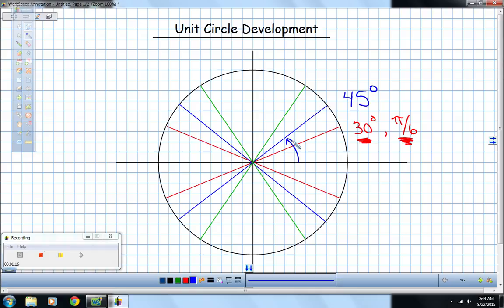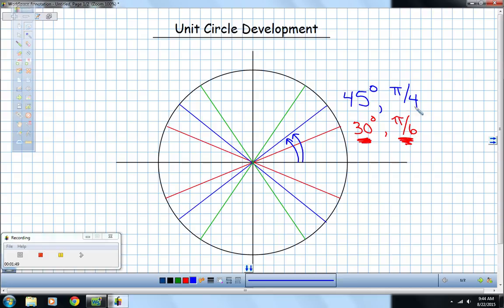Remember that the positive x-axis we refer to as the initial side of the angle, and as it goes up, the terminal side is 45 degrees. Positive measure angles go counterclockwise, which is why we name the quadrants 1, 2, 3, 4 going counterclockwise as well. So a 45 degree angle, we learned, converts to a pi over 4 radian measure angle.